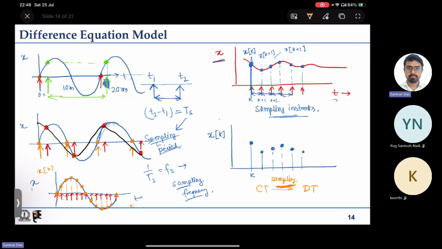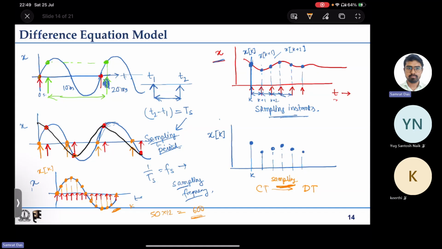Only if we sample the signal at least at 10 times the highest frequency of the signal. So for this case this was 50 hertz, we sampled at 12 times the frequency, that is 50 times 12, that is 600 hertz. At 600 hertz, we retain some actual information about the system.